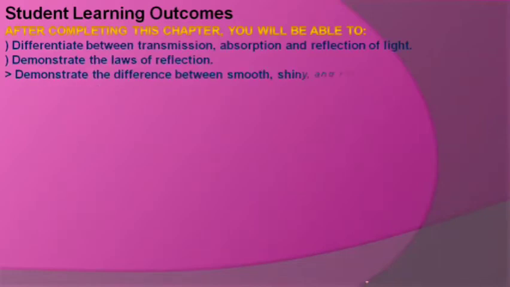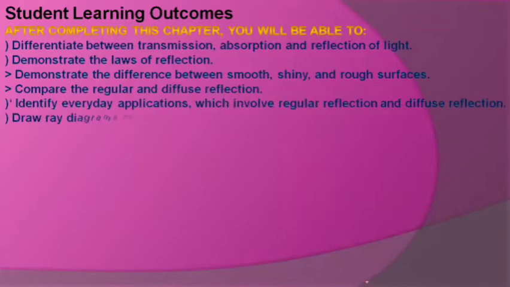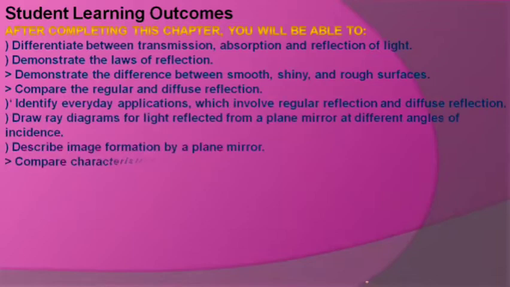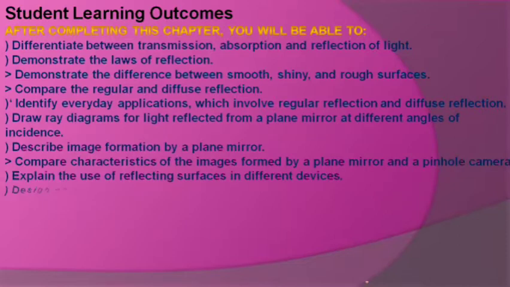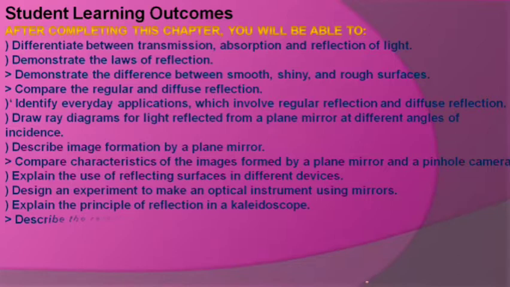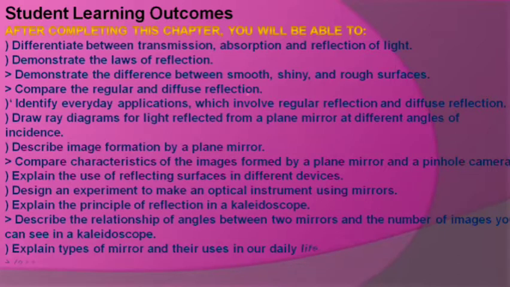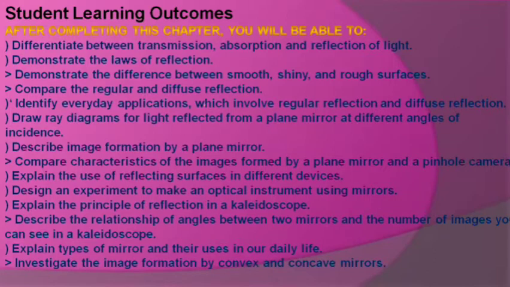So when we complete this chapter, inshallah, we can differentiate transmission, absorption, and reflection of light. We'll see laws of reflection, differences between smooth, shiny, and rough surfaces as well. What are regular and diffuse reflection? We'll see this also in this chapter. We'll see some everyday applications of regular and diffuse reflection.